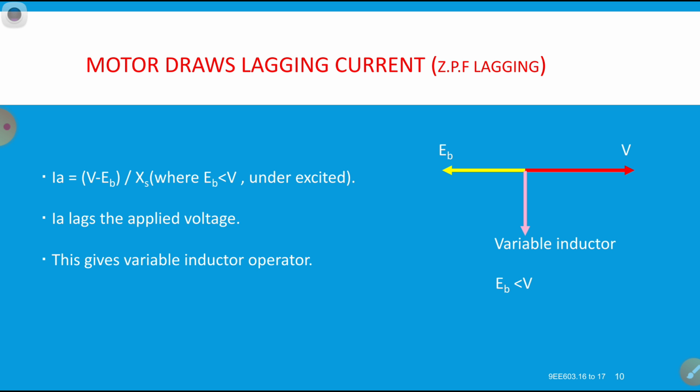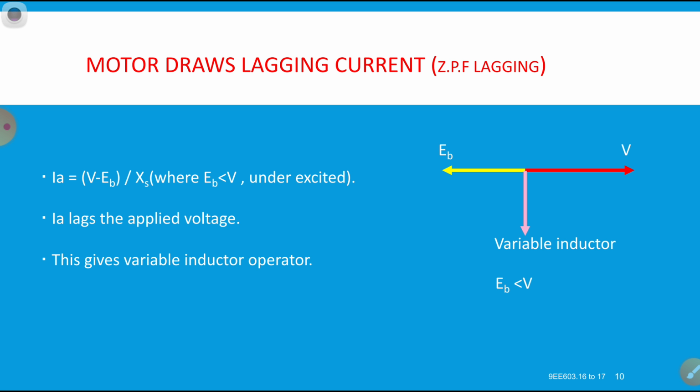As we know, the inductor always draws reactive power and the capacitor always creates reactive power. If reactive power is more in our system, then automatically the power factor increases. If reactive power is consumed from the system, the system becomes a lagging power factor.